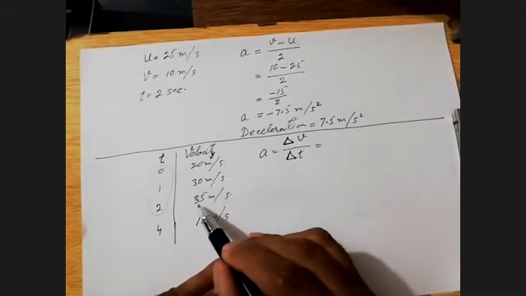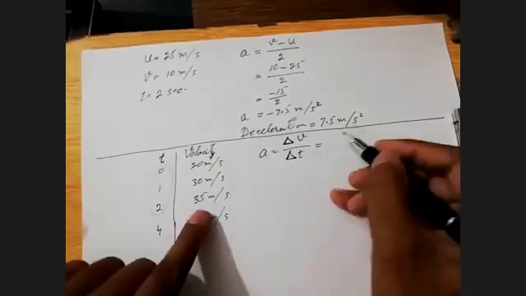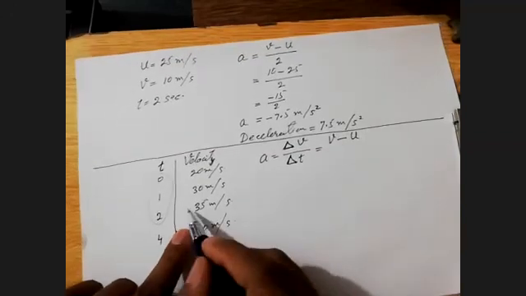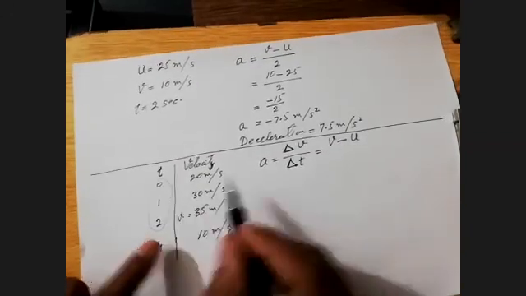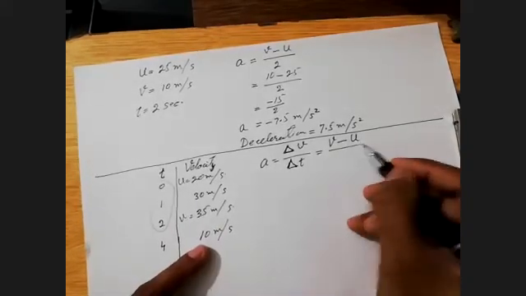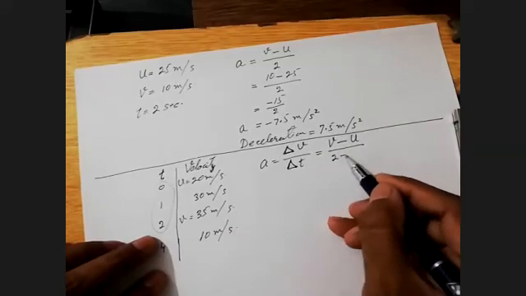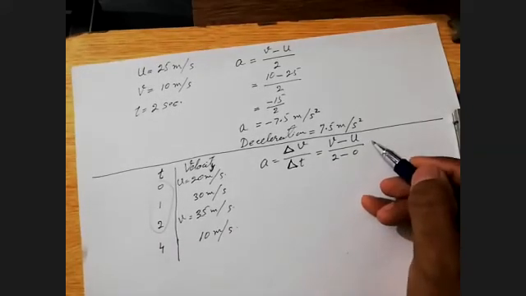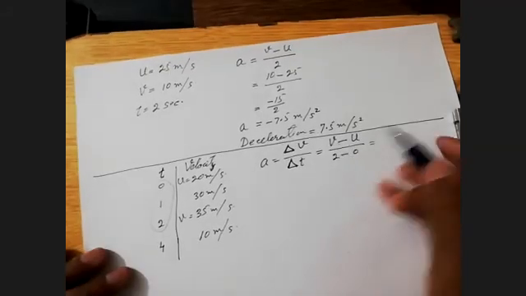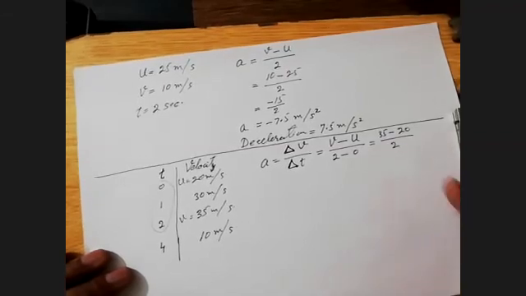Change in velocity, say I am taking this interval from 0 to 2. Change in velocity is final velocity minus initial velocity. Say this is the final velocity for this interval of time, and this is the initial velocity. Final minus initial over the time interval, which is 2 minus 0. Apply the values: the final velocity is 35 and the initial velocity is 20, over 2.